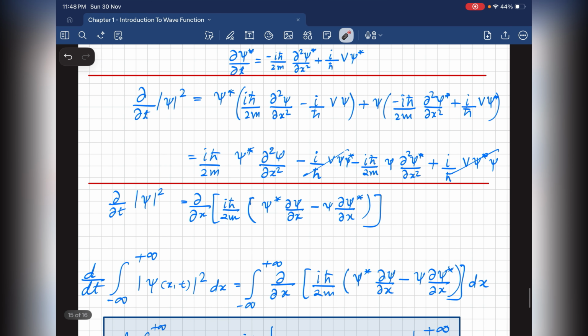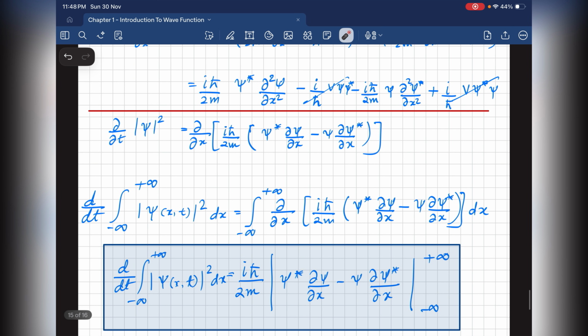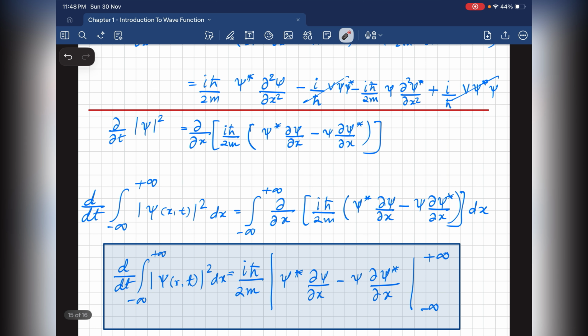Let's take the terms which are common in both, and we do the del by del x, we separate it, and moving further we can get the result that d by dt of the integral from minus infinity to plus infinity of psi of x, t square dx equals the integral from minus infinity to plus infinity of del by del x of i h cross by 2m times psi star del psi by del x minus psi del psi star by del x, into dx.